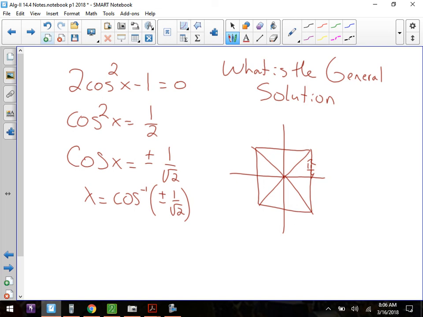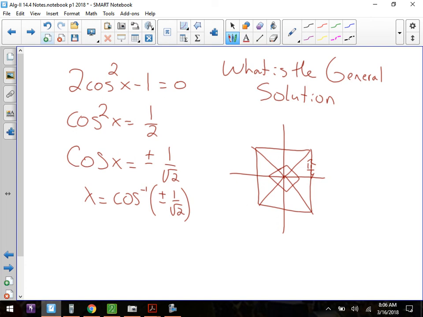When you have all 4 45-degree angles, that means you create a square if you plot it on the unit circle. When you plot a square, these vertices are all 90 degrees apart from one another.